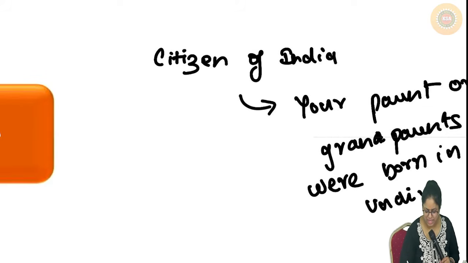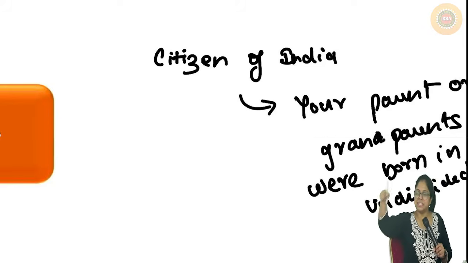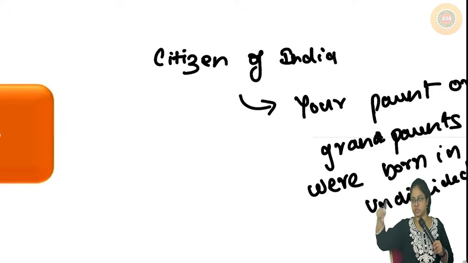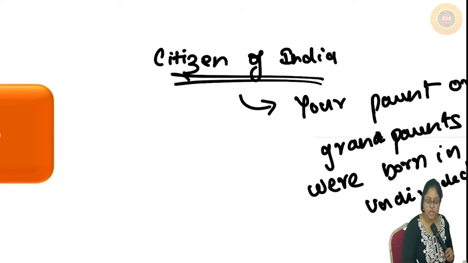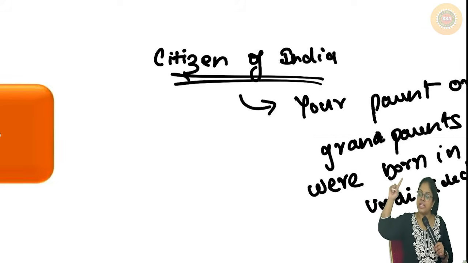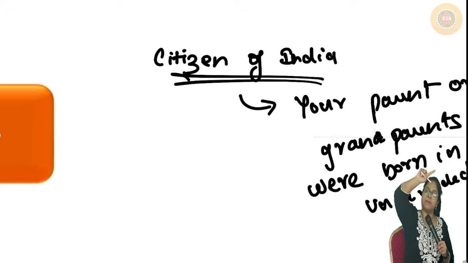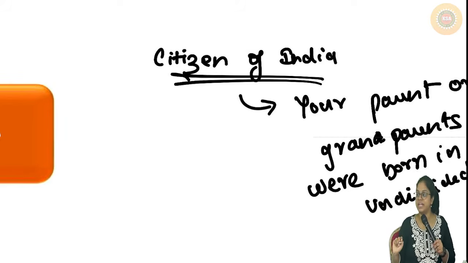When I say undivided India, it's basically the India that we had before the partition. That means it includes the land of Pakistan and Bangladesh also. So you will be considered a citizen if either your parents or your grandparents were born in undivided India.